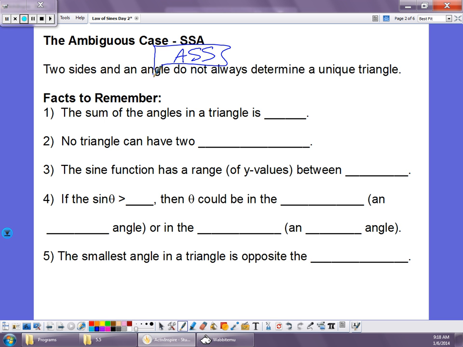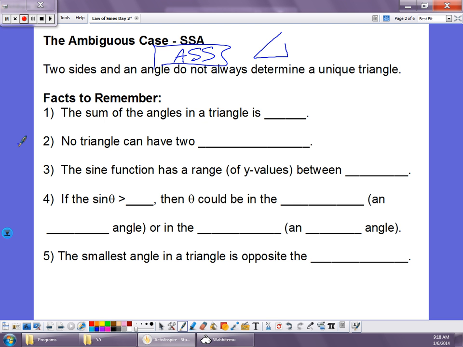There could be 0 triangles, there could be 1 triangle, and there could be 2 triangles. That's why it's the ambiguous case. Because what you could end up with is a triangle like this, where the sides can't connect. But you could also end up with 2 triangles or just 1 triangle.